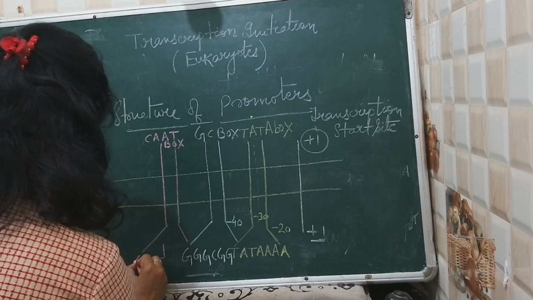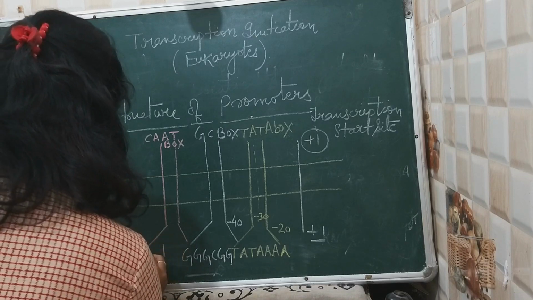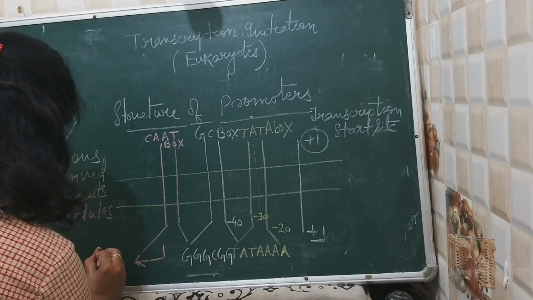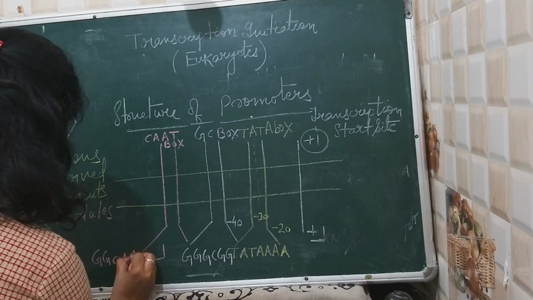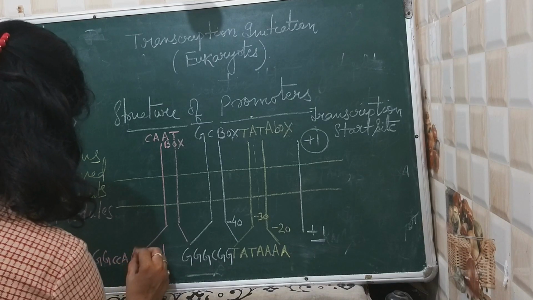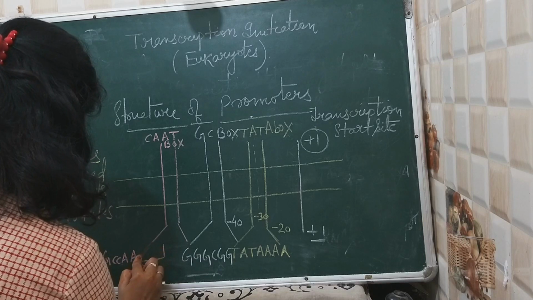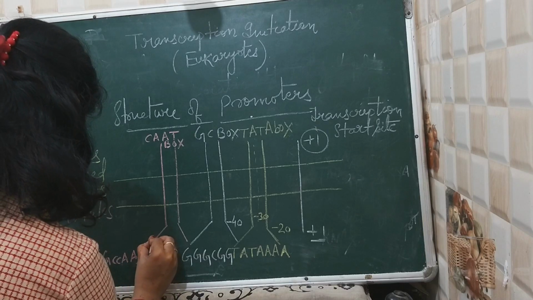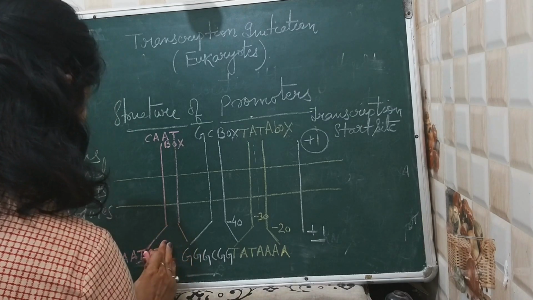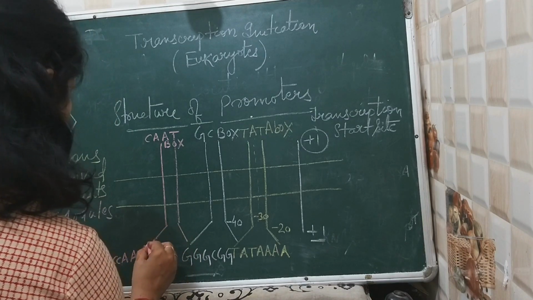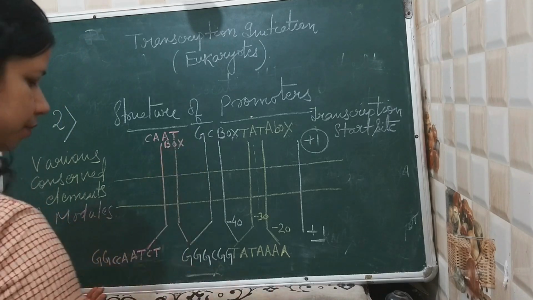It's not enough space, so I am writing it here: GGCCAATCT. This is the consensus sequence of the CAAT box.